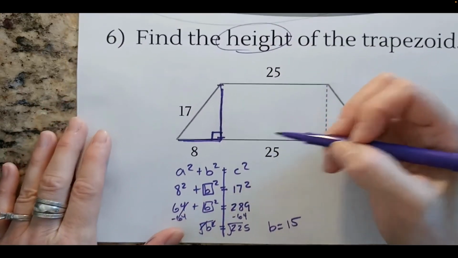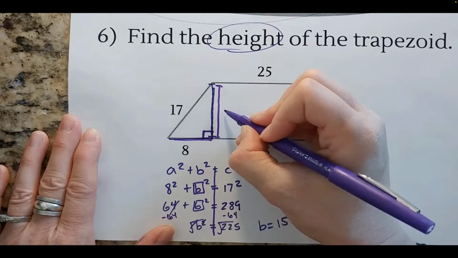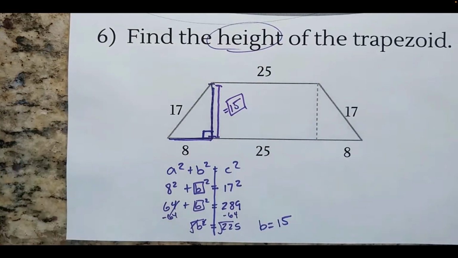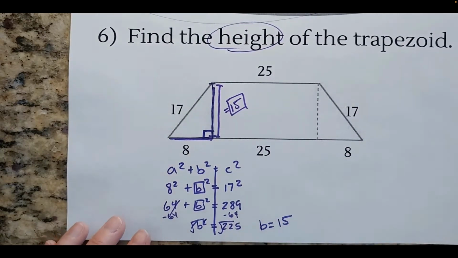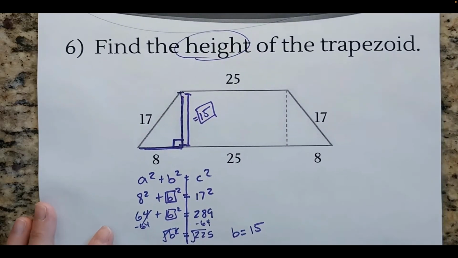So if I come back up to the picture, the height from here to here is equal to 15 units. Which makes sense, because remember the hypotenuse should be the longest side. So there's the height of the trapezoid. And in order to figure it out, we used the Pythagorean theorem.